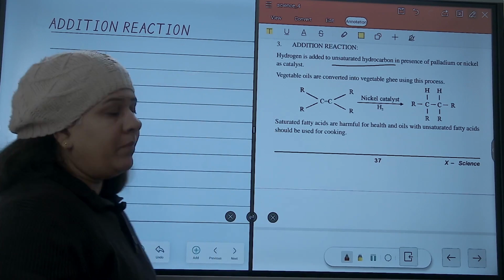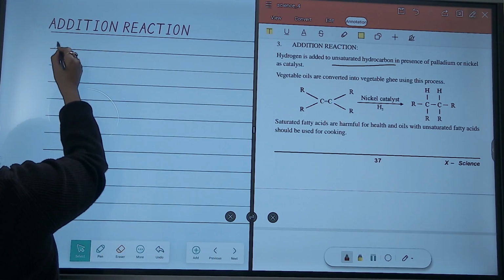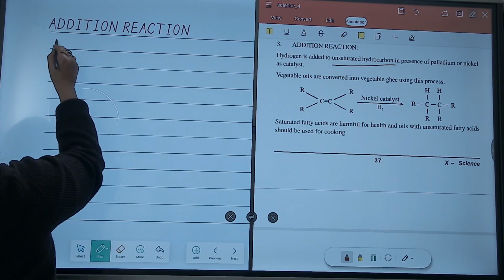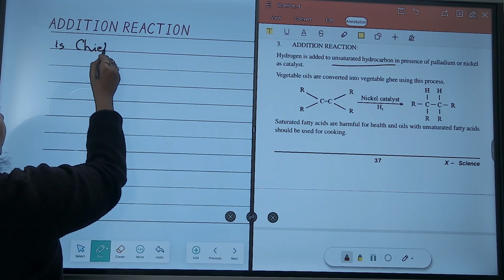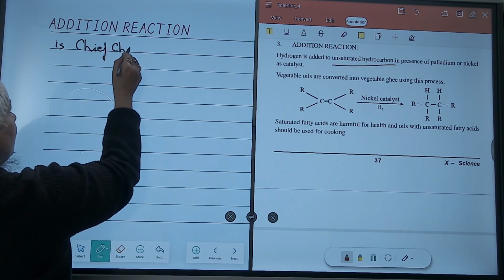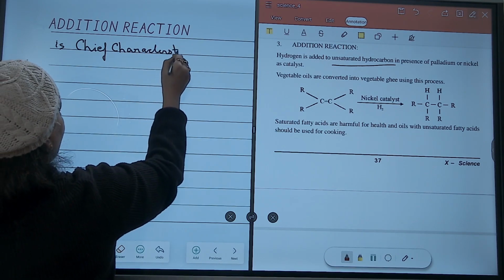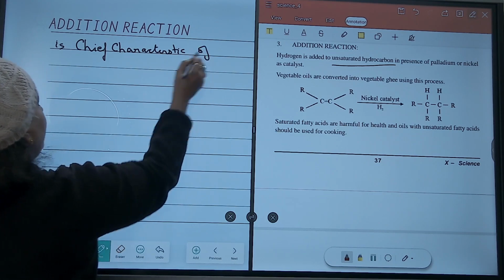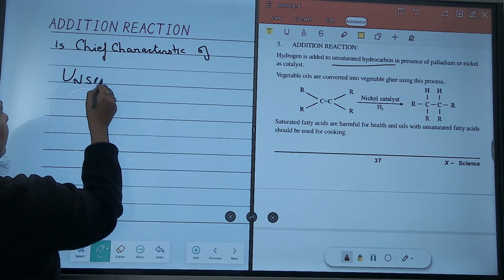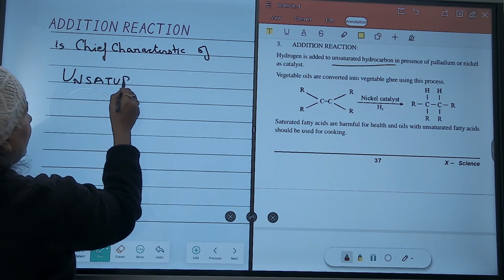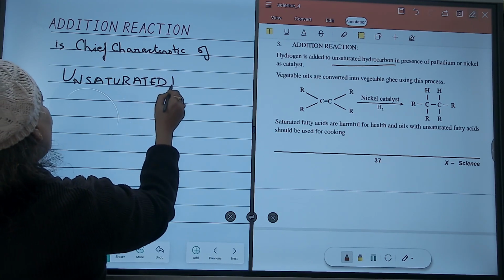So you must remember, it is chief characteristic of unsaturated hydrocarbons. So this question is always asked.